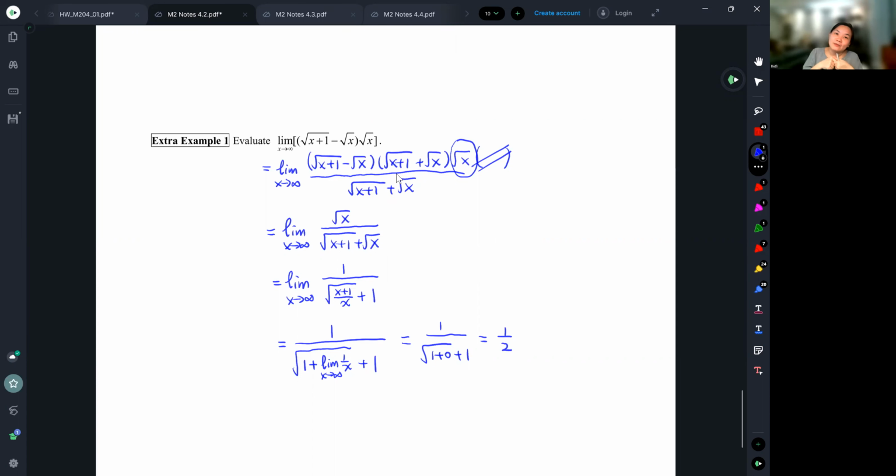But at a higher level, I would encourage you to explicitly describe which you multiply and which you don't. Like in this question, I don't rationalize root x, I rationalize the first one. Try to think about it.